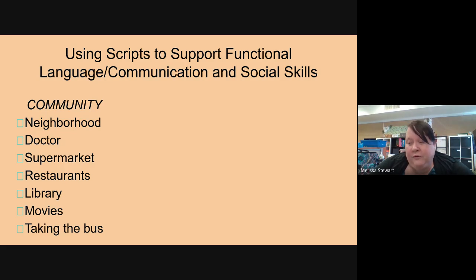With younger children, we use social stories, and we often use these to develop a child's ability to use their functional communication skills in the classroom, as well as outside in the community. For example, practicing how to order their favorite meal at McDonald's, which might be important to them because they love to go, or what to say to people if they get lost, for example. So that's a good functional skill to have for a youngster.